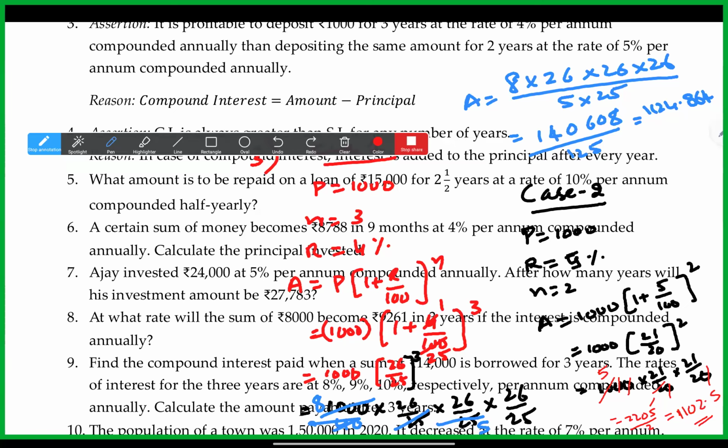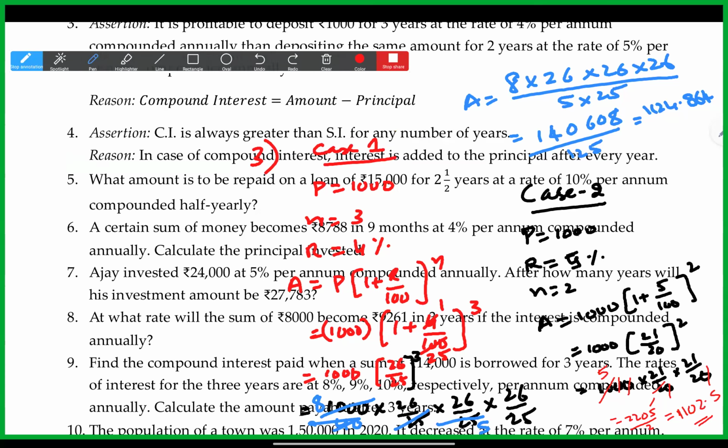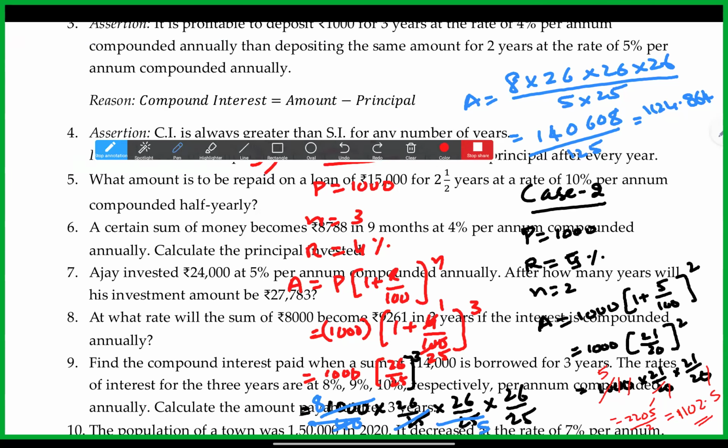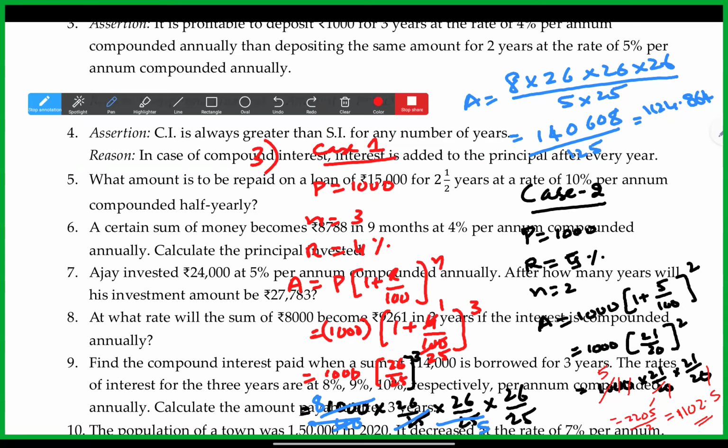So if you observe, Ishwa, in the first case it is 4% per annum for 3 years, and the final amount is 1124.864. Whereas in the second case, the same 1,000 rupees at 5% per annum instead of 4% for 2 years only, it becomes 1,102.5.